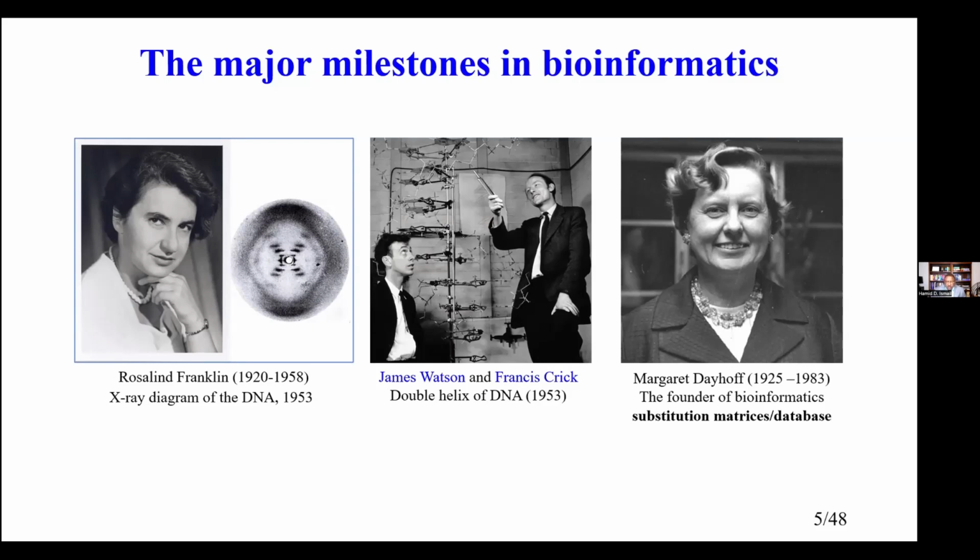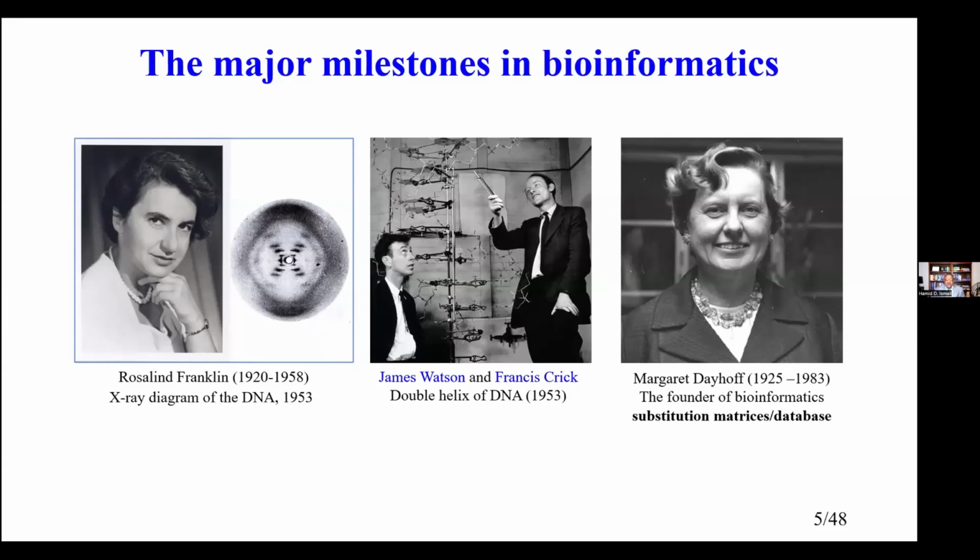And they couldn't do that until the discovery of Rosalind Franklin. She was a scientist working in an X-ray diffraction lab, and she could capture the first image of DNA molecules. And that was in 1950.